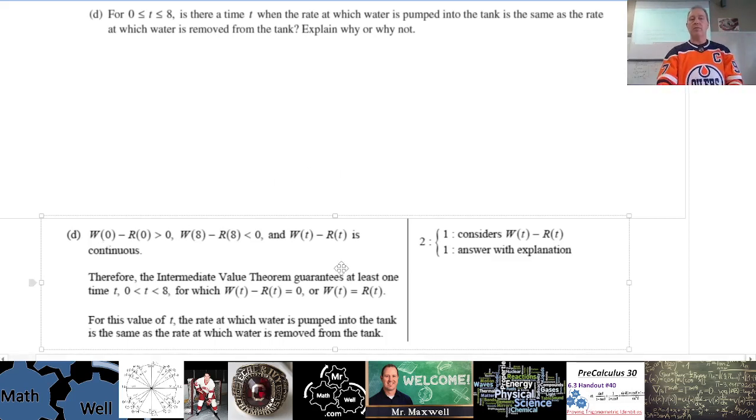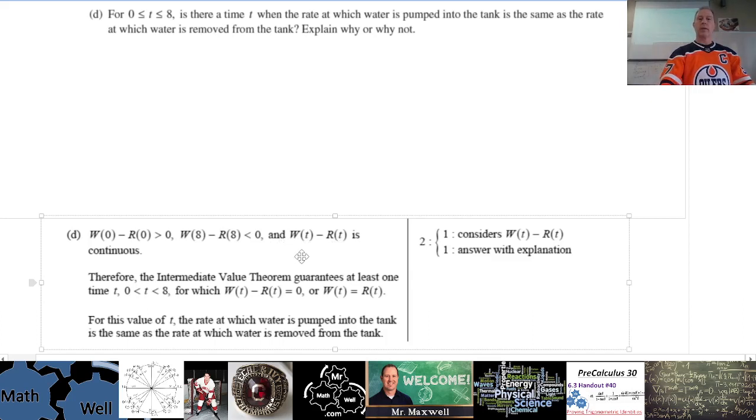That would probably be the best. If you have your graphing calculator, you can graph each one. If you don't have your graphing calculator, this would be the way to go, saying that the rate coming in was greater than the rate going out. And then at the end, the rate going out is greater because the subtraction is less than 0.